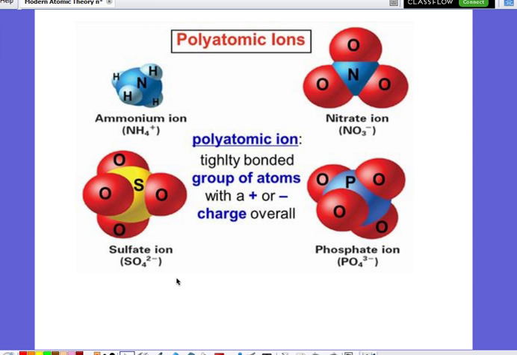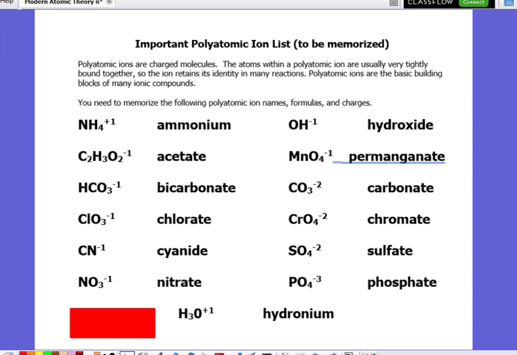There's nitrates in fertilizers and ammonias, ammonium, and lots of things that you guys see on a regular basis. So we have a list of the 13 common ones. These are the common ones. There's actually 118 polyatomic ions. These are the 13 common ones. You need to know the names by that quiz next week. Make flashcards. In fact, I'm going to give you some time today to make flashcards.